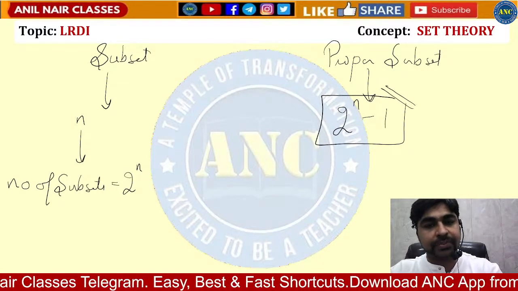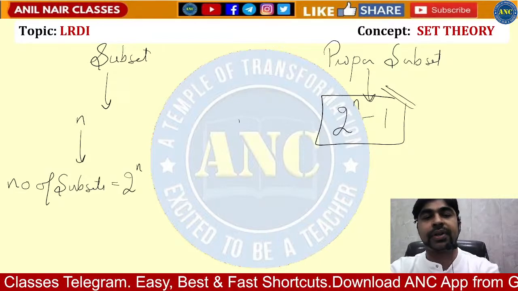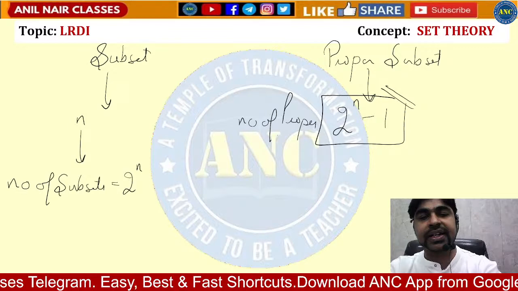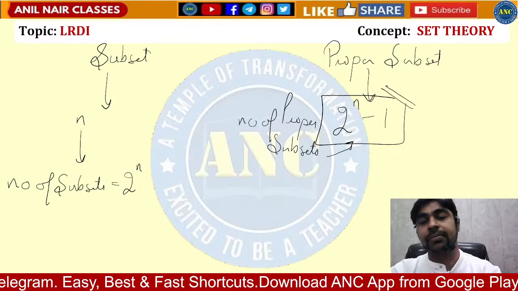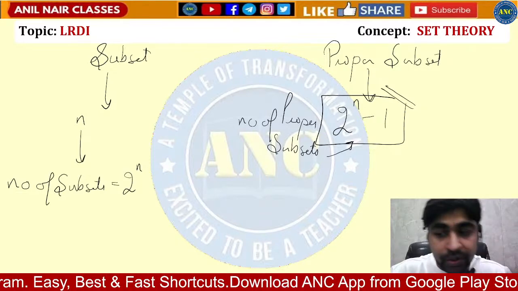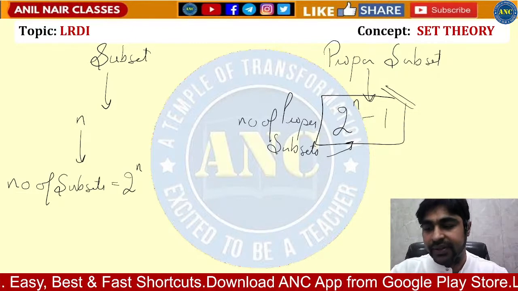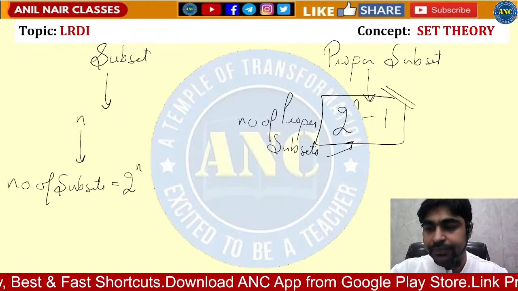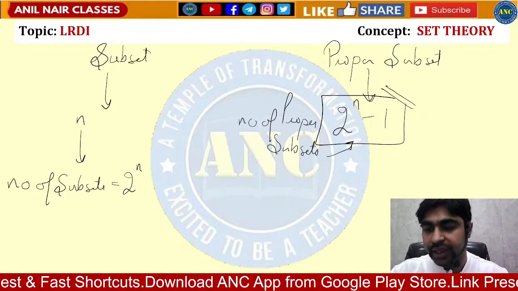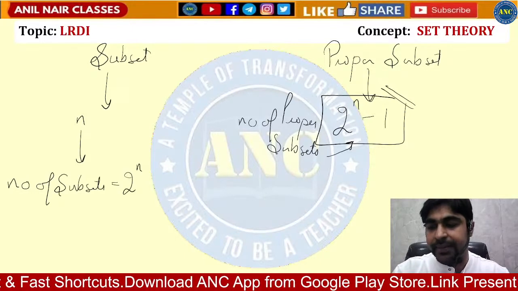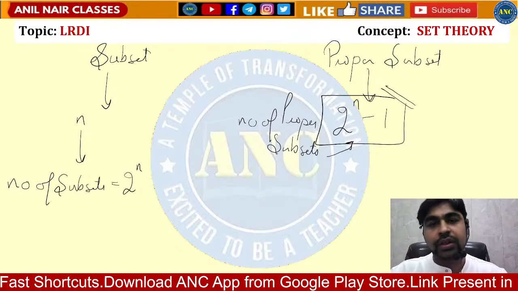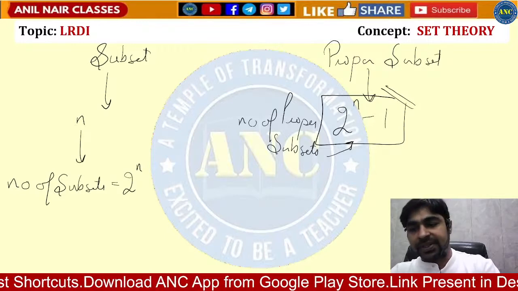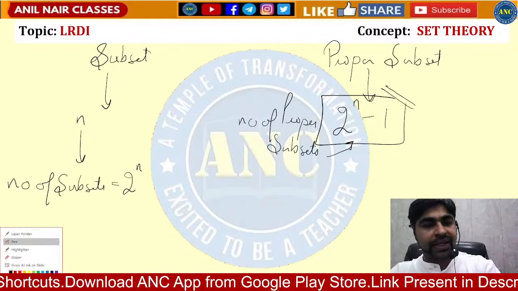And that is why the formula for the number of proper subsets would become 2 to the power of n minus 1. I hope it's clear. Any doubts, please reply. So the number of proper subsets would be 2 to the power of n minus 1.